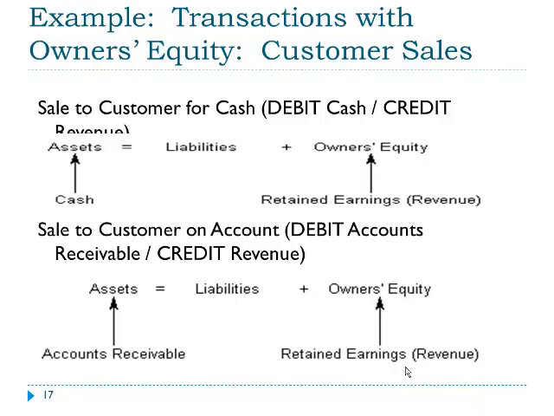When we go to selling to a customer on account, that is, think about it as they're buying with credit. I don't want to use the word credit here because it has a different meaning, so I'm using the term on account. We still have the increase in owner's equity because we've provided goods and services to customers.